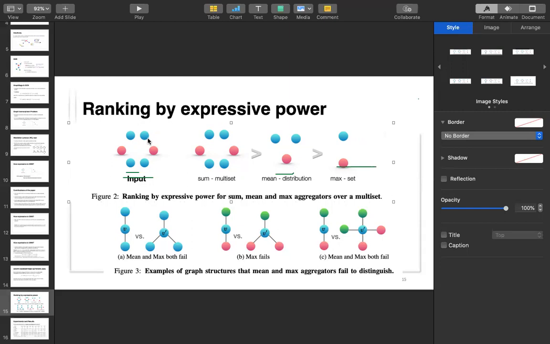Maybe I can ask Yufan again. Can you answer these questions? Why is the max function not so expressive, and what information will the max function lose? I think the original is 4 blue and 2 red, and after the max, it only has 1 blue and 1 red, so information is lost.